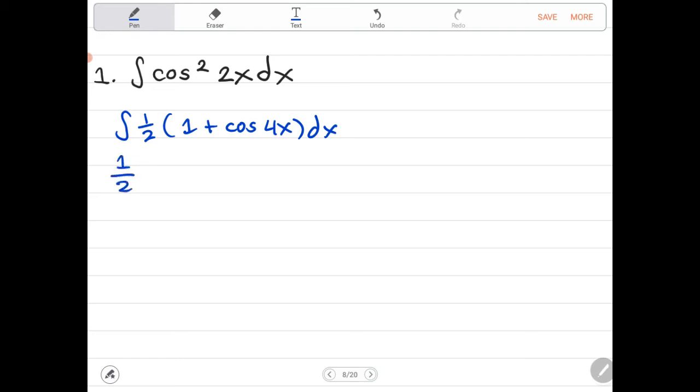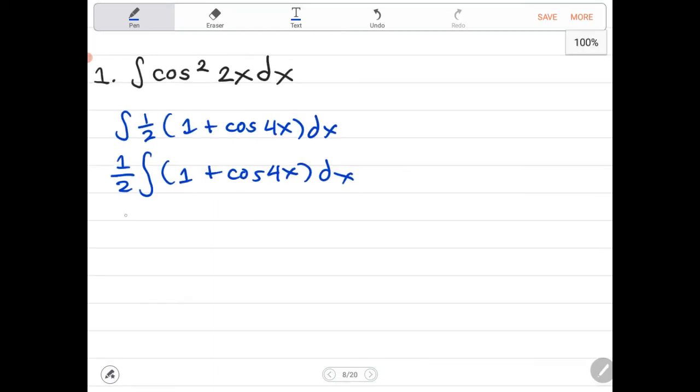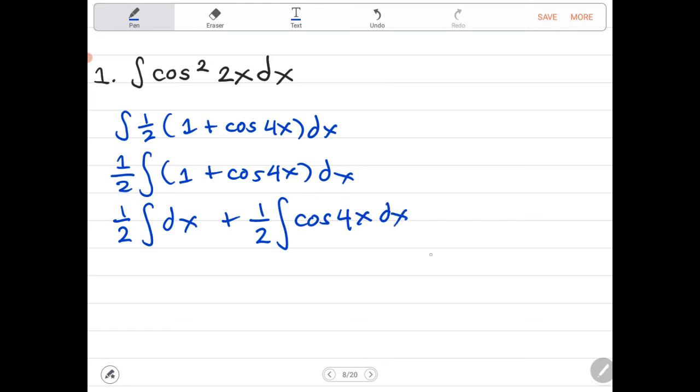So 1/2, the integral of 1 plus cosine 4x dx. Okay? So now we can integrate, distribute the dx. We have 1/2 the integral of dx plus 1/2 the integral of cosine 4x dx.